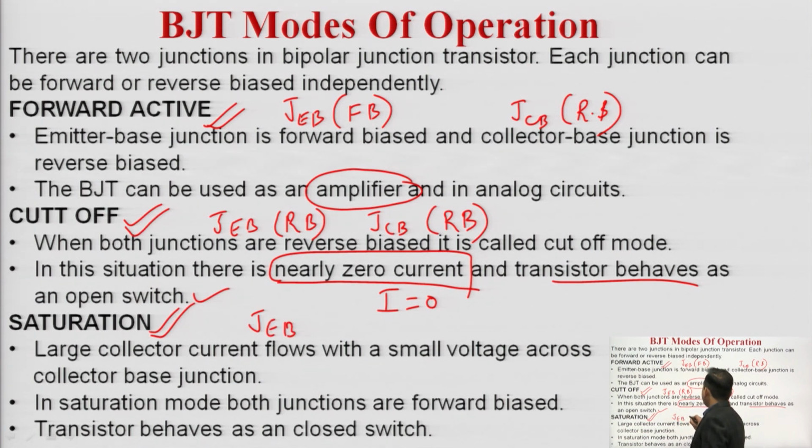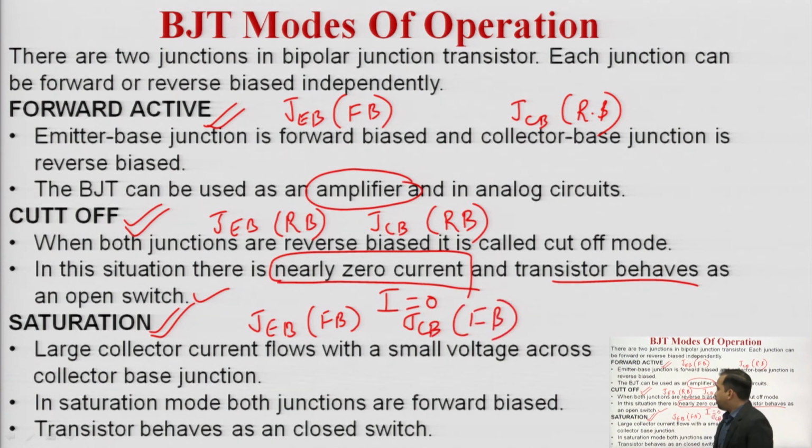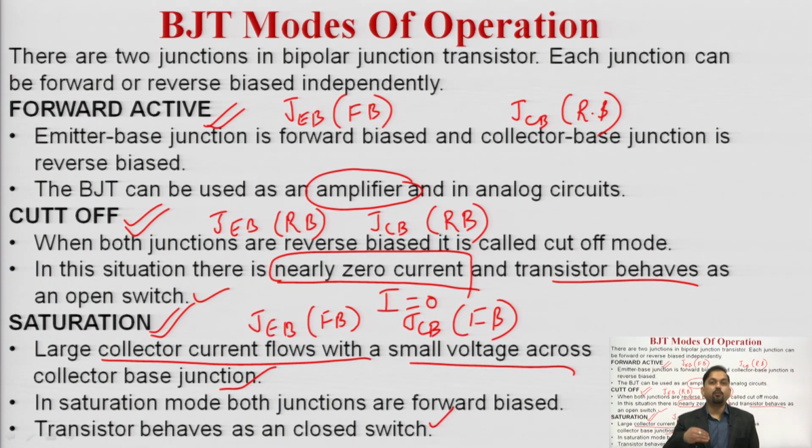Next is the saturation region, where both the emitter base and collector base junctions are forward biased. When both the junctions are forward biased, a large collector current flows with a small voltage across the collector base junction, and due to this there is a saturated amount of current and the transistor behaves as a closed switch, meaning there is a flow of current.